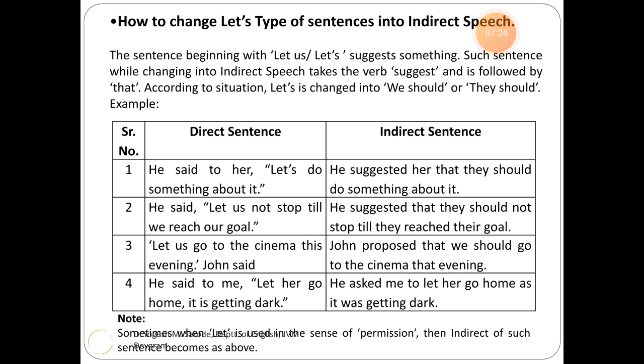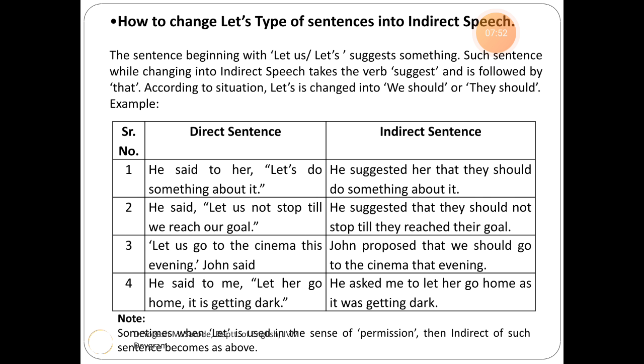Example number 2. He said, "Let us not stop till we reach our goal." He suggested that we should not stop till. Here we is in first person, and the case is nominative. So nominative case changes according to first person.